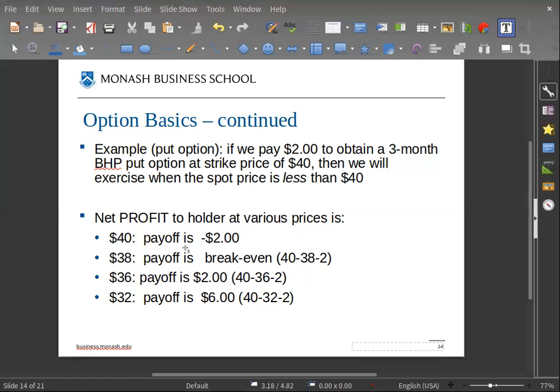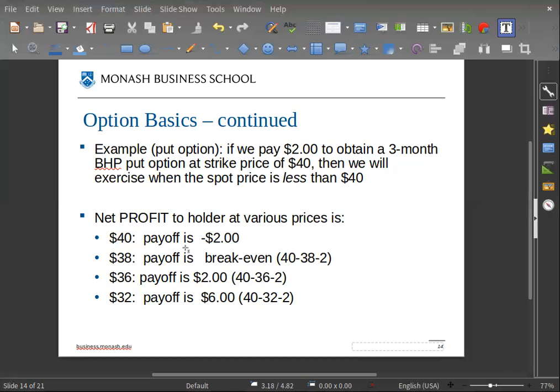Now, when we go below 40, 38, 36, 32, and so on, our profit starts to rise. Accounting for the $2 of option premium, our break-even point would be $38. When we go down to, let's say, 32, our gross profit becomes $8, 40 minus 32, but accounting for the premium, the net payoff is $6.